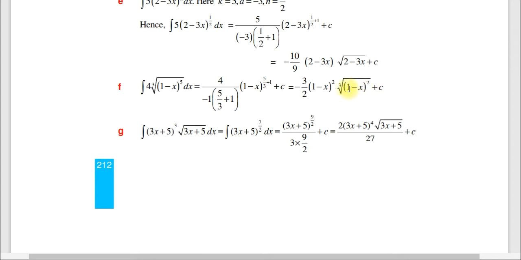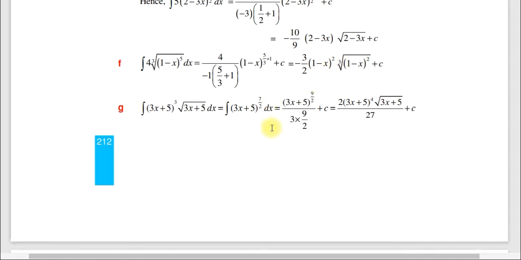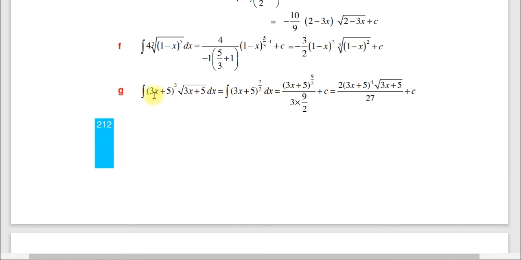Finally, the integral of 3x plus 5 to the power of 3 times root of 3x plus 5 dx. Since 3x plus 5 is the same base, the power 3 and the root, which is a power of 1 over 2, add up to 7 over 2.